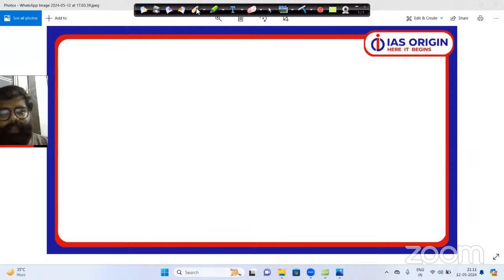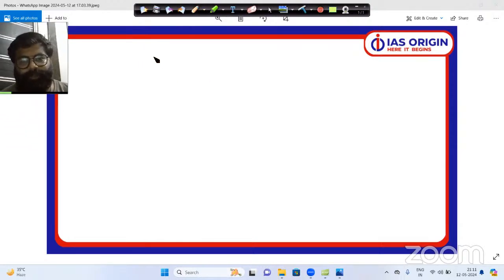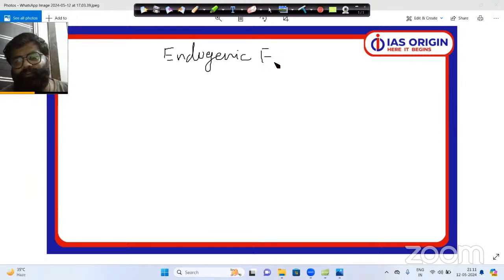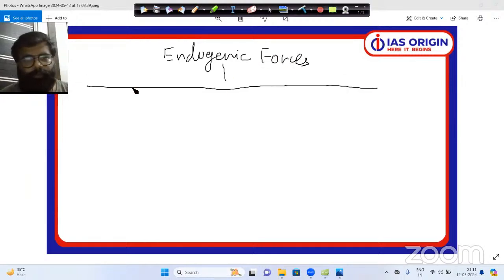Yes. So which are working under the surface of the earth. Let's understand this way. Now there are total three types of endogenic forces. Number one is the converging boundaries.